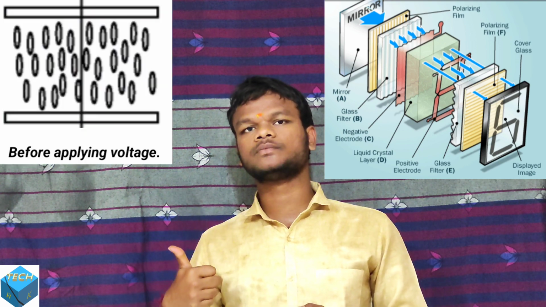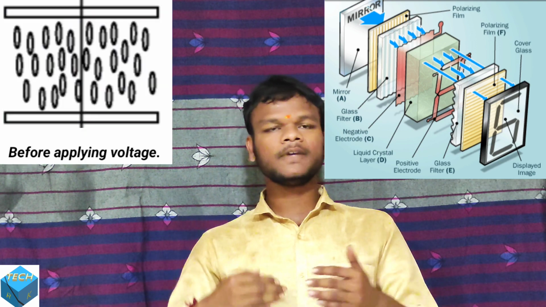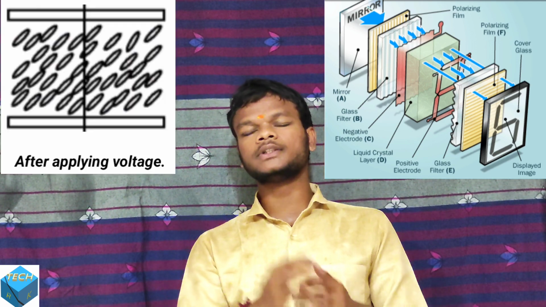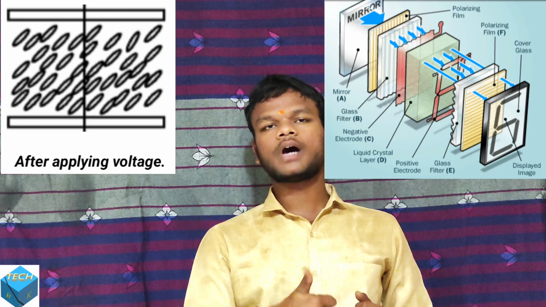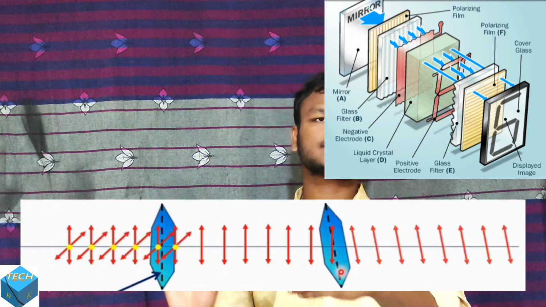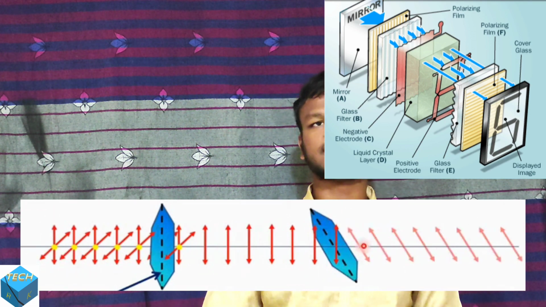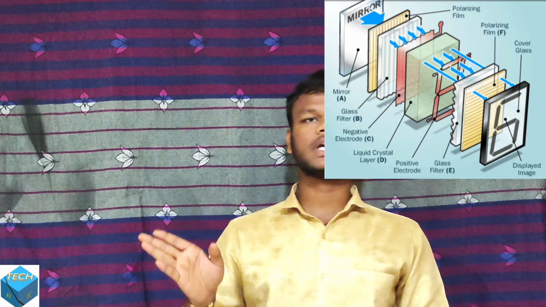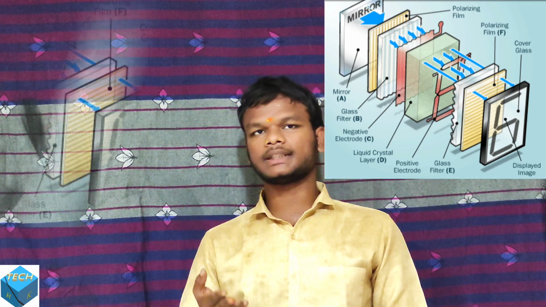Before applying voltage, the alignment of molecules in the pixel is like this, and when we apply the voltage to the liquid crystal layer, the alignment of these molecules changes. According to this alignment, the intensity of light passing to the next layer changes. And the next layer is what? Again a polarizer.